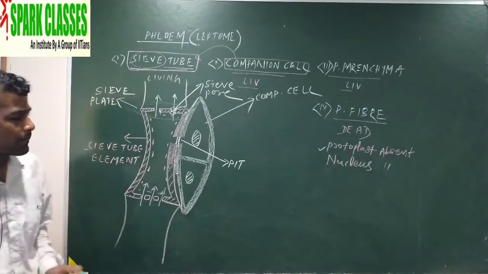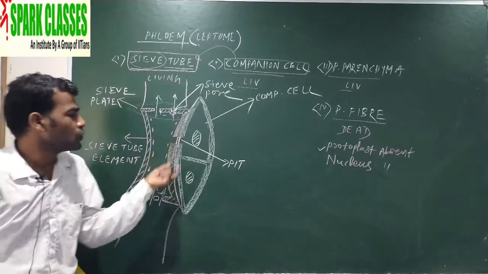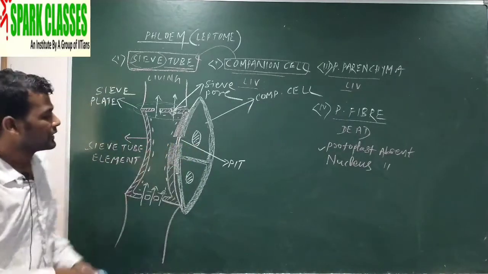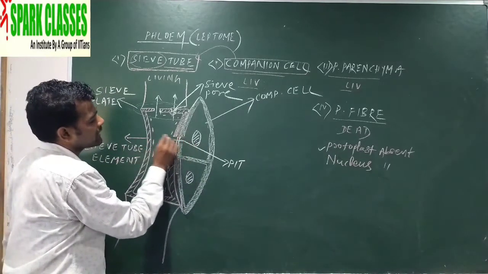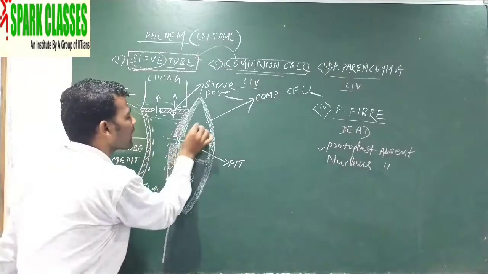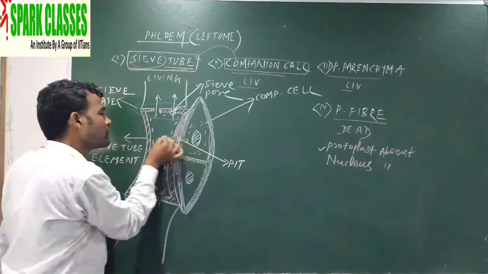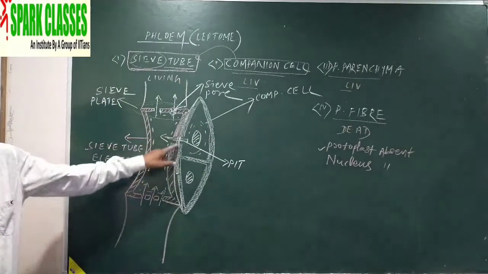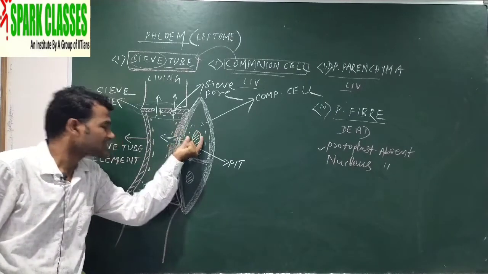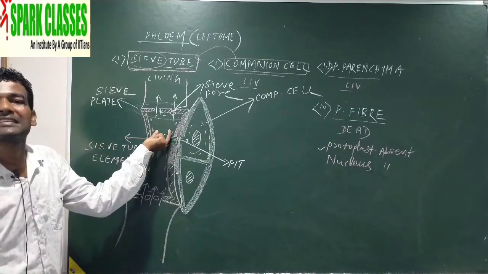Pits are thin areas through which different substances from one cell can be connected with the other. The cytoplasm of one cell is connected to the other cell because of the thin area. So some chemicals present in this cell can be transported to this cell through the thin area, not through the thick area. That's why the nucleus of a companion cell can regulate the pressure gradient.